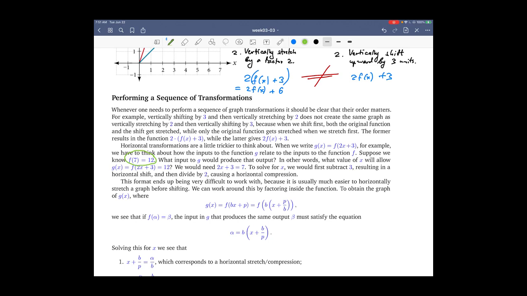We have 2x equals 7 minus 3, and that's a horizontal shift.